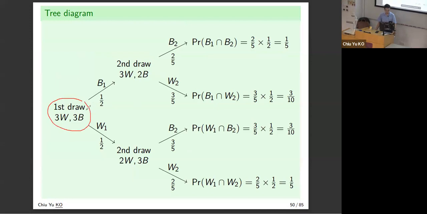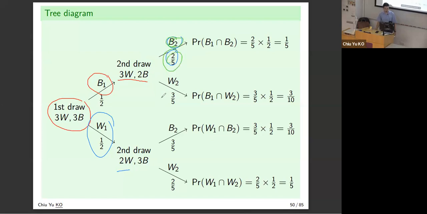You have 3 whites. Once you draw black, then what's left is 2 black. Similar idea here. If you draw a white one, then it's 2 white left. And after that, this is conditional probability, because conditional on the first being black, you have 2/5 to draw black, because only 2 out of 5, and so on and so forth. So maybe I should use green color.